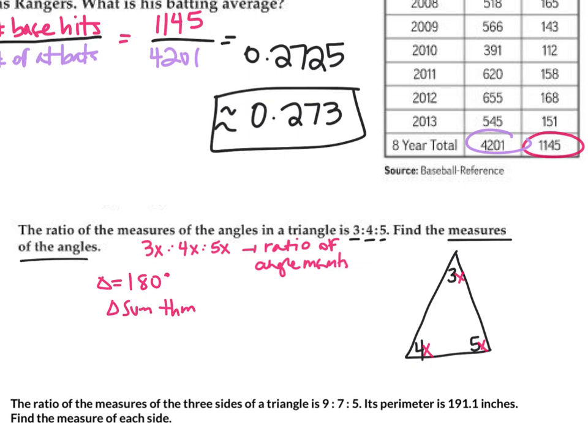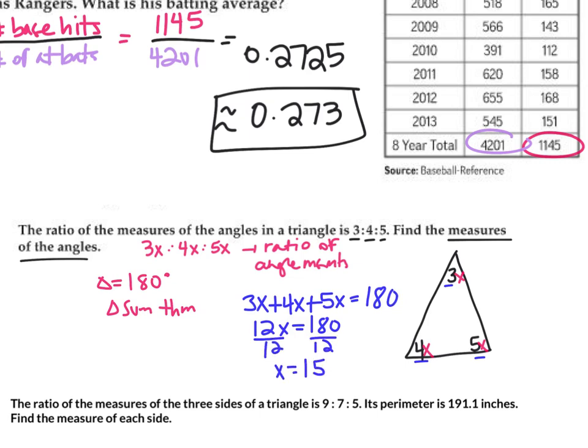So what we're going to do, we're going to say 3x plus 4x plus 5x, okay? So we're adding each angle measurement together. They have to equal 180, okay? So in order to find the actual individual measurements, we need to first solve for x, okay? So we're going to have 12x equals 180. And then after we divide by 12, we get x equaling a total of 15.